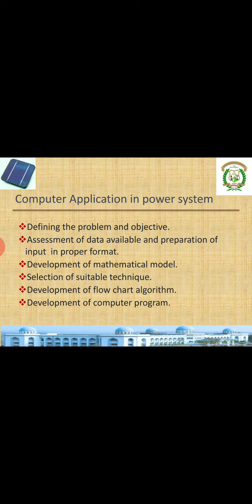To solve it, we need a flowchart or algorithm: what things are to be taken first, what are to be executed next. These priorities can be given. Once the flowchart and algorithm are ready, we can develop a computer program to solve our problems.